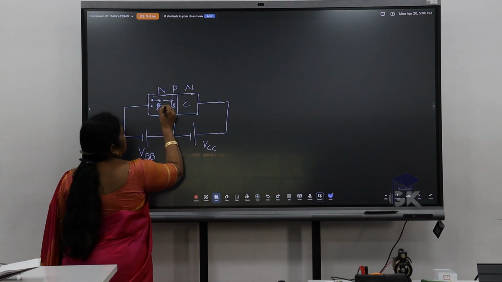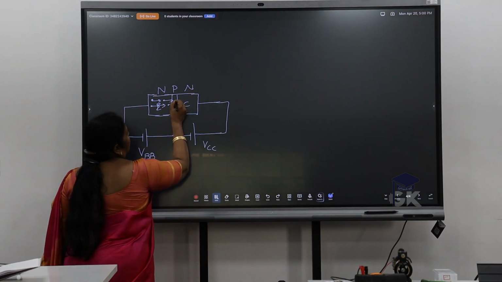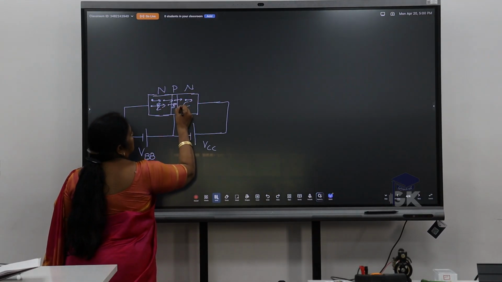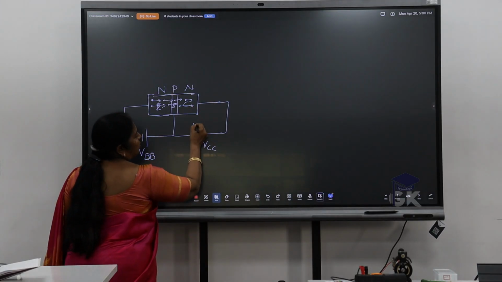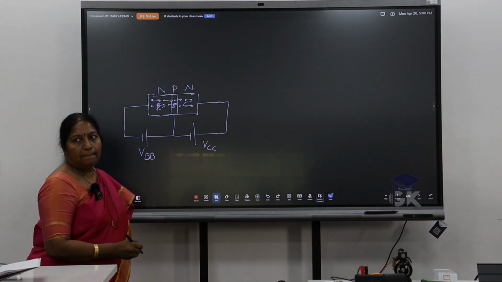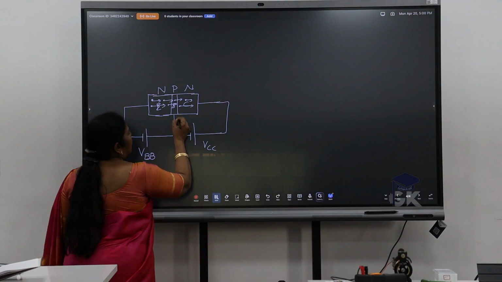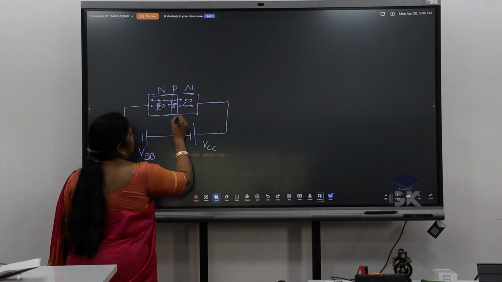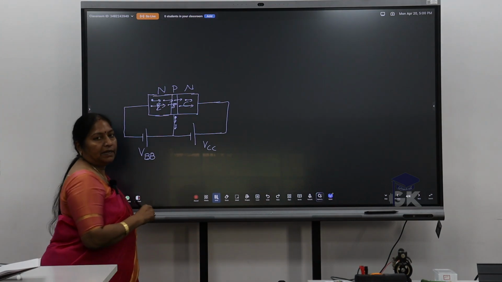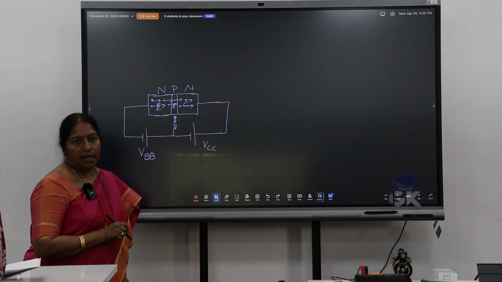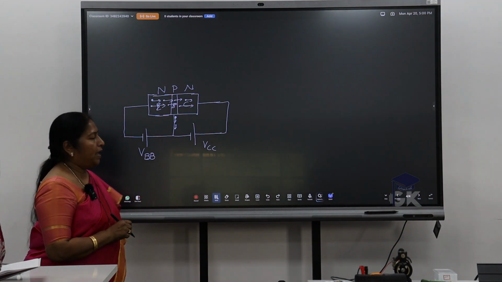This is the direction of flow. The collector collects them, pulled by this positive terminal, and very little leakage current will flow here. Correct? I'll explain in detail. I just wanted to show you the direction of polarity.